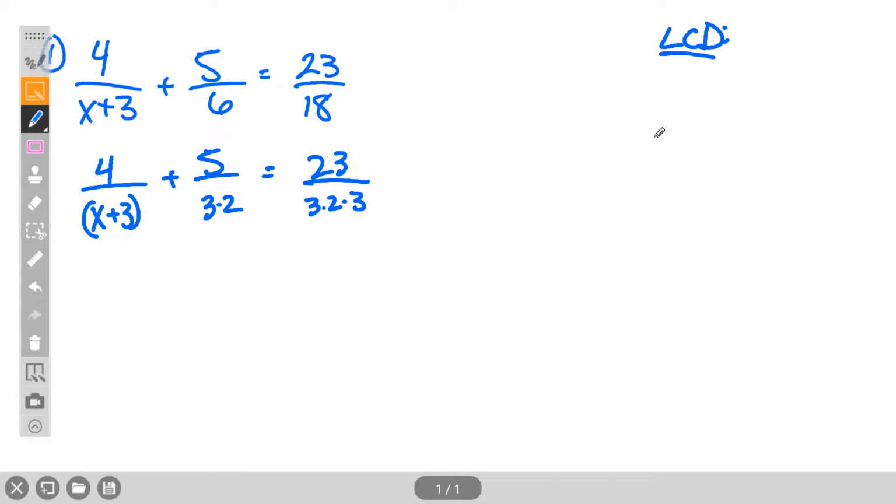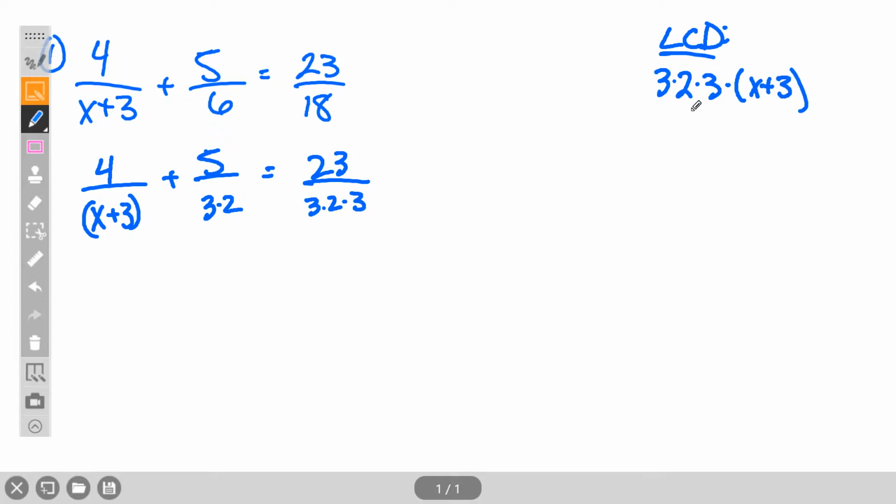So the LCD here will be what they have in common. Well, they don't all have anything in common, but these two have 3 and 2 in common. What they don't have in common is a 3 and an x plus 3.